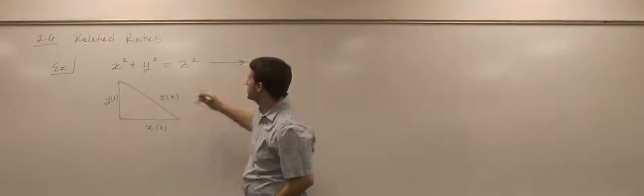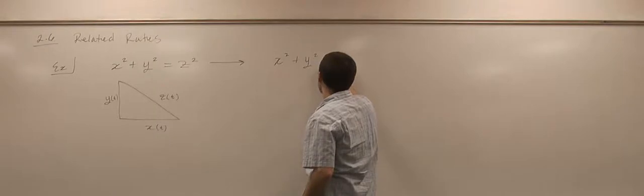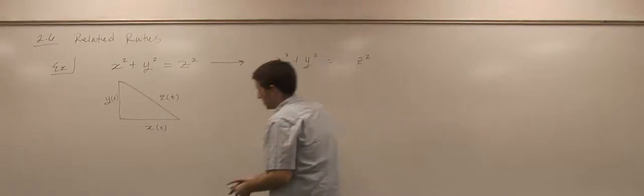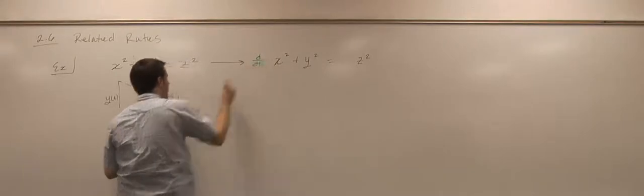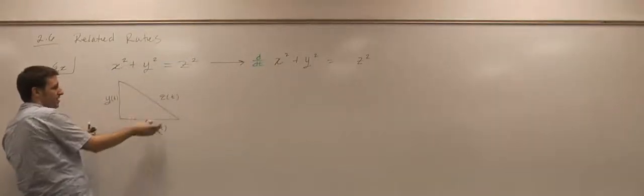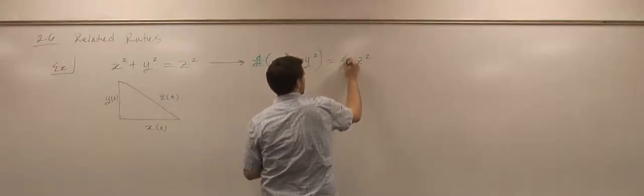So assuming these are functions of time, I can take d dt of both sides. And that will give me a relationship between the rates at which everything is growing or shrinking, which is why it's called related rates.